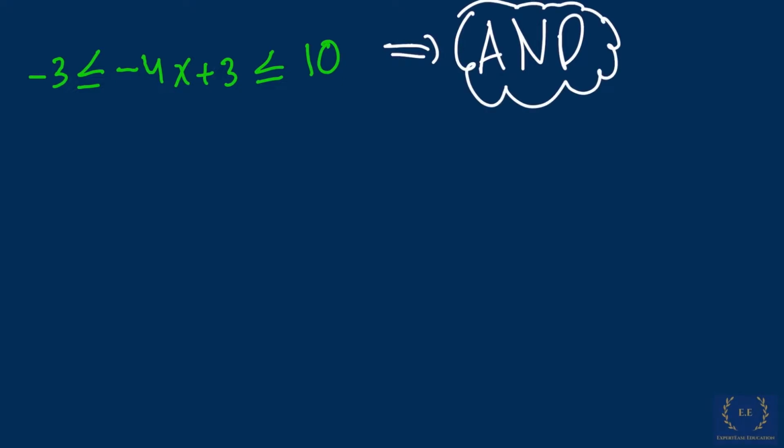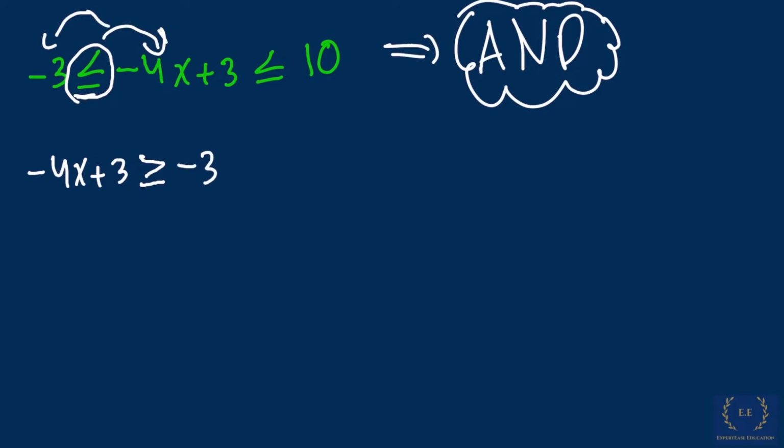So I can separate it into two different parts. The first part: minus 4x plus 3 is greater than or equal to minus 3, because this is the condition right here. I just flipped it around to make it easier.